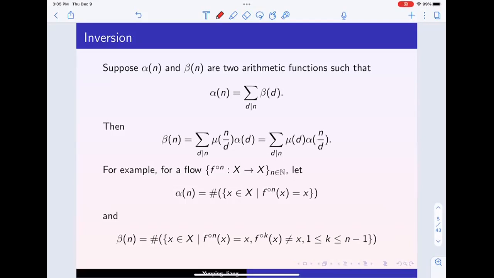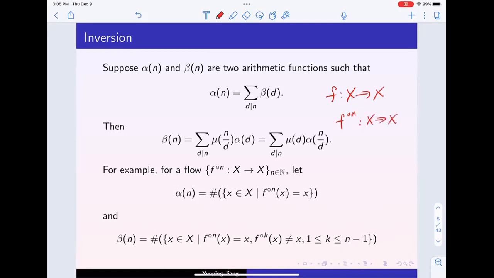For example, why I got interested in that: suppose I have a flow, which we usually also call a dynamical system. That means you have a function from a space to itself, and you iterate it, and then you get a flow.